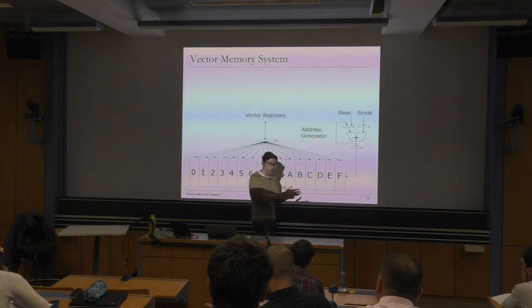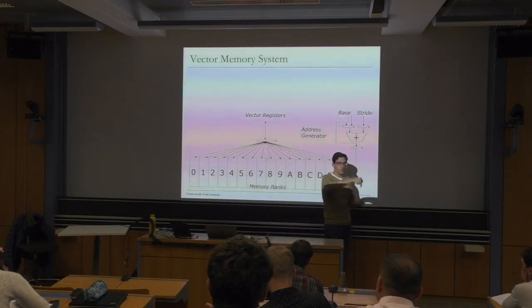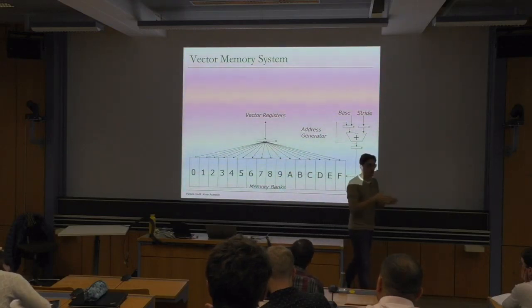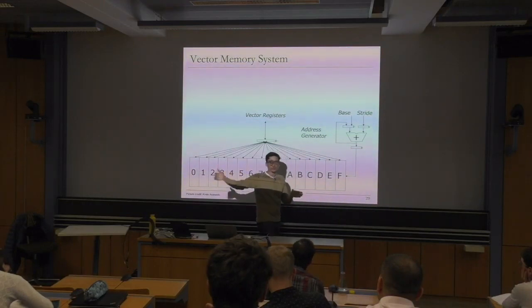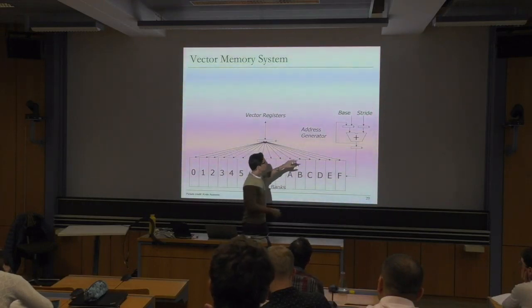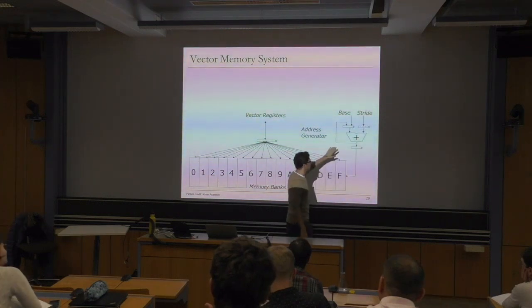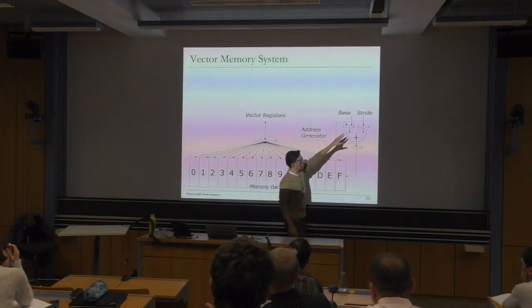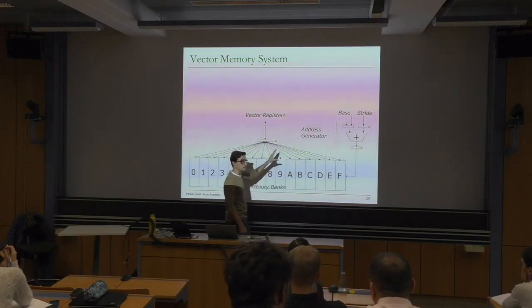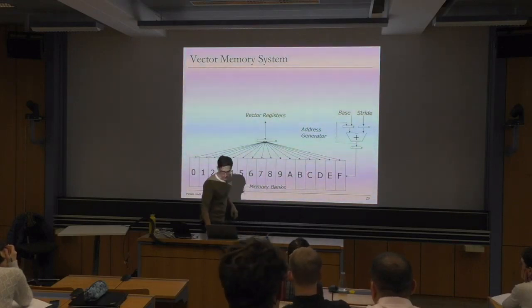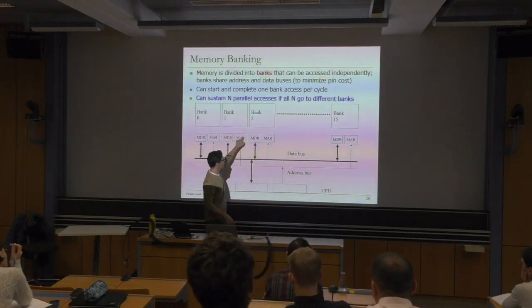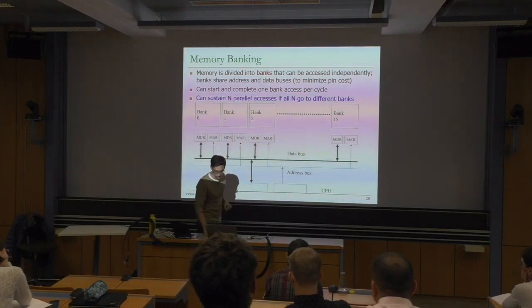We have a base address, which is, let's say, the starting address of the array, and then the elements that we are going to be reading or writing are defined by this stride. So we need some sort of address generator like this, and this is the address that we will place in each of these MAR. Okay?